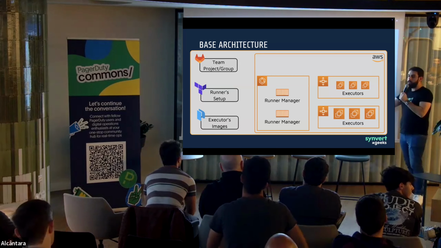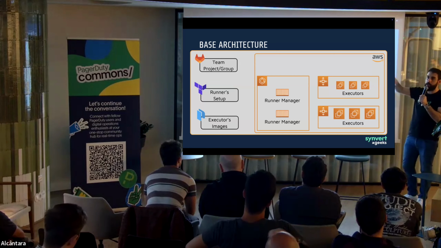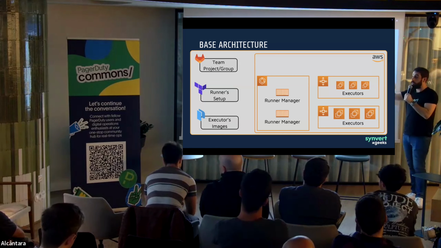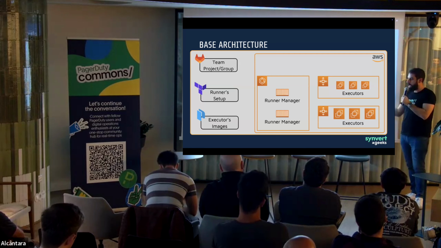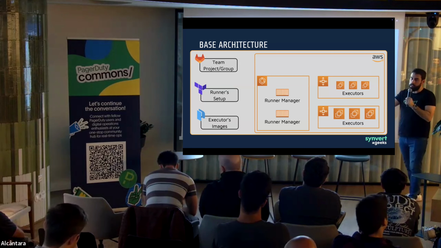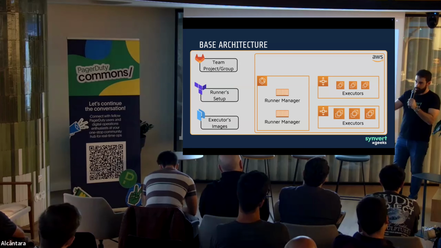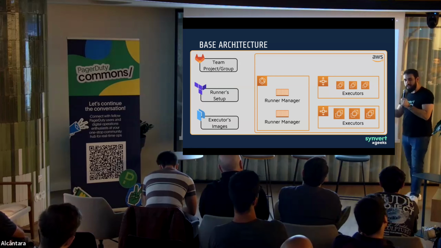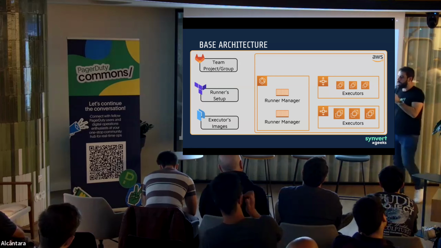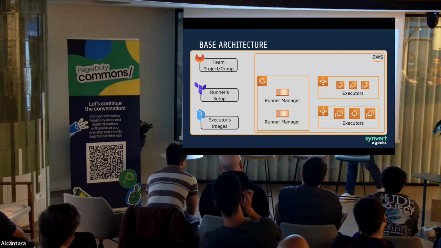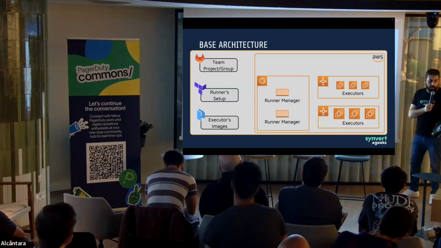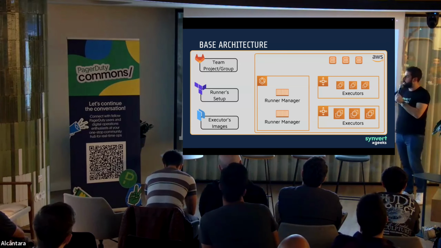These machines, so as you saw, the second part of the fleeting plugin requirements is a machine that has GitLab runner and everything that you need. So we rely on Packer, also from HashiCorp, to build the AMIs or the Amazon Machine Images.